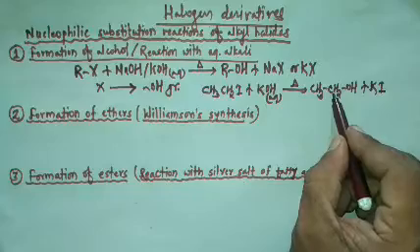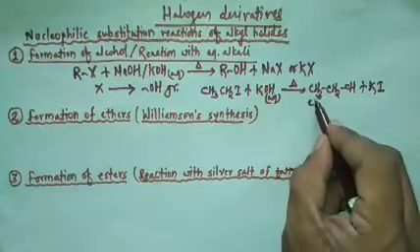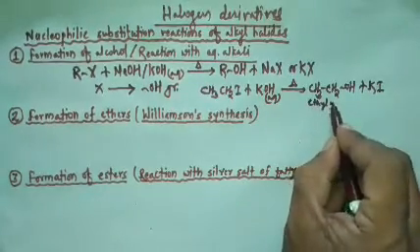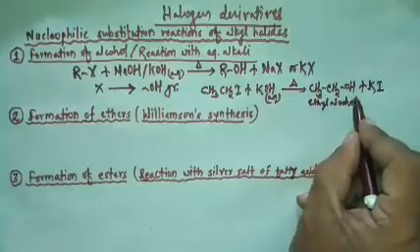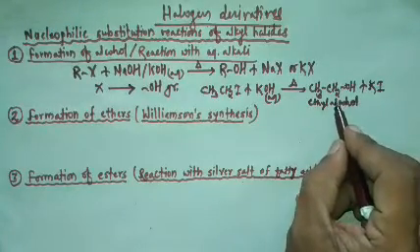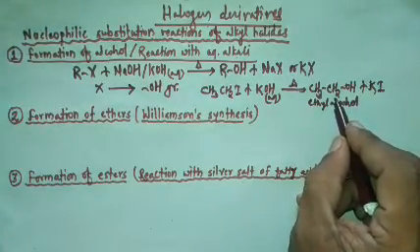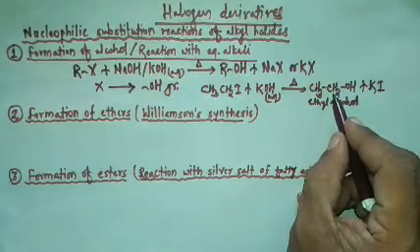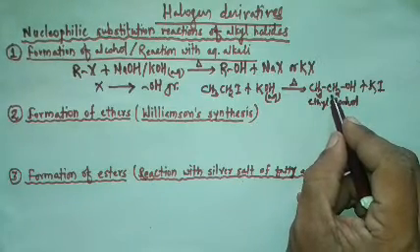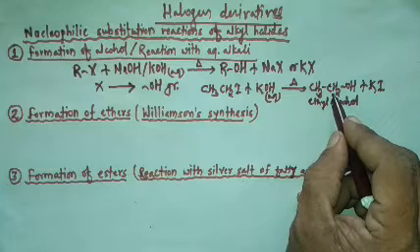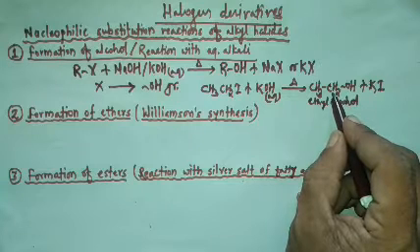So the name of this main product is ethyl alcohol, or its IUPAC name is ethanol. You will study its naming in the next topic, and that topic is alcohols, phenols and ethers.